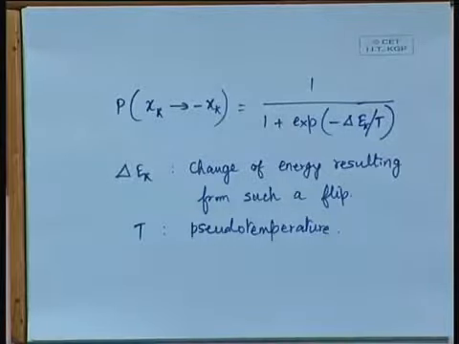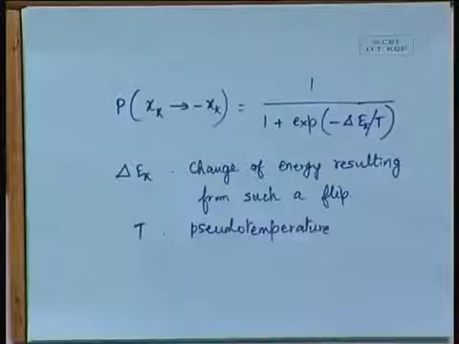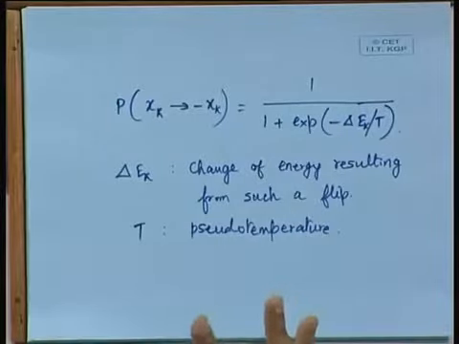So, depending upon delta Ek and T, T will definitely signify the noise in the system, because basically the concept of temperature is that with increasing temperature the network becomes more noisy, more stochastic, less deterministic. So, ultimately there will be a condition when the Boltzmann network will have a steady state.